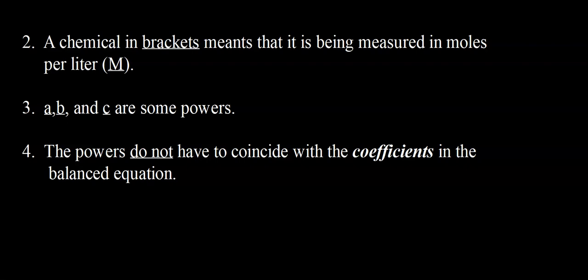But for this class, it'll be a whole number, either 0, 1, or 2. Something very, very important is that these powers, these exponents in the rate law, don't necessarily correspond to the coefficients from the balanced equation. It may be coincidental if they are the same, but it's not necessarily how it works.